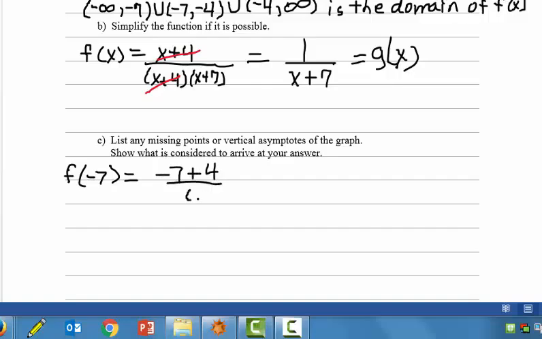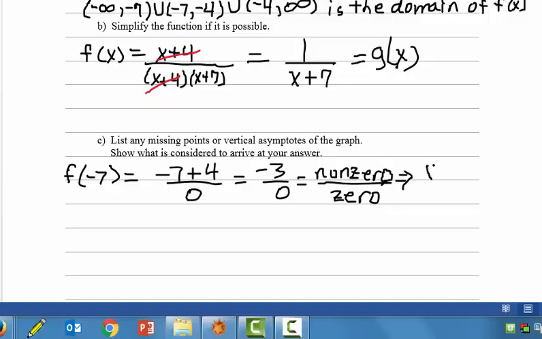We know that value makes the denominator 0. So we get negative 3 over 0, which is a non-zero number over 0. Whenever a number put into our rational function gives us non-zero over 0, x equal to that number, which in this case is x equal to negative 7, is a vertical asymptote.